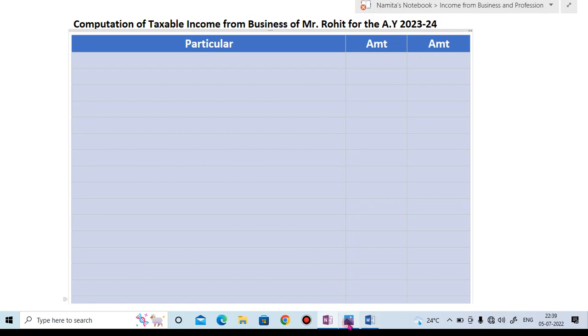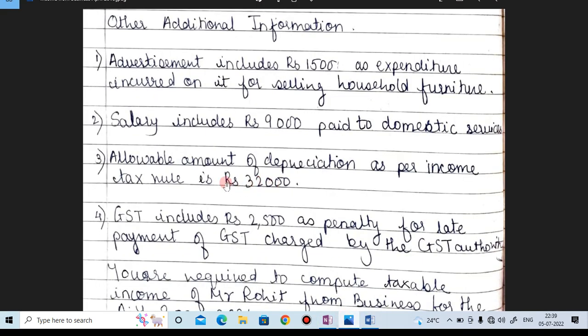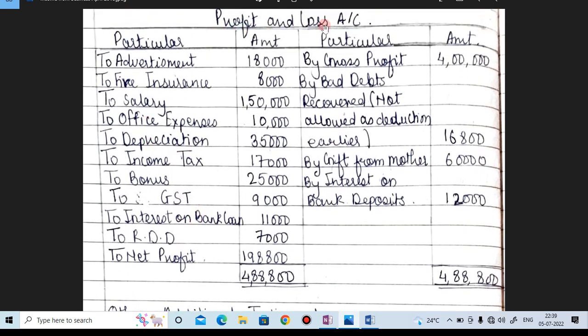Clear? Now check the format. First thing, net profit as per profit and loss account. So net profit is given in the question, in the debit side of the profit and loss account. The amount of net profit is 1,98,800.